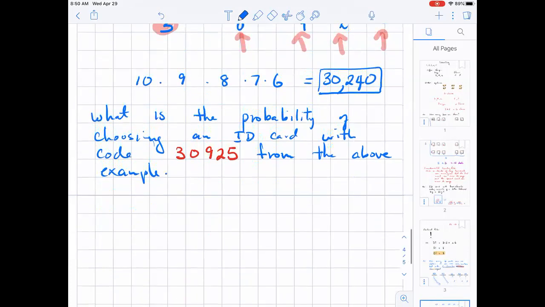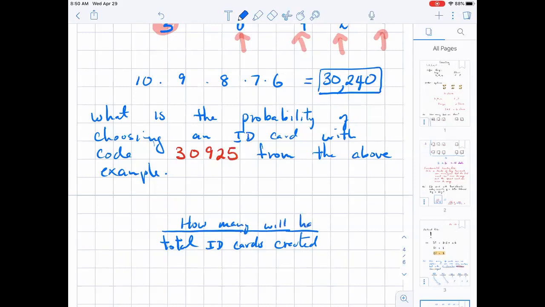Well, the probability here, we know the total ID cards we can have, and how many will have the given code.